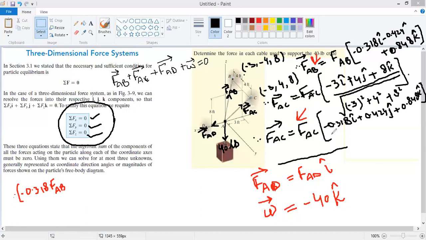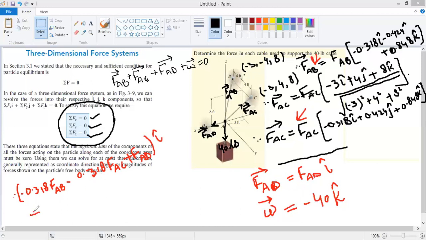Then we have minus 0.318 FAC. This is our second component. And the third component along i is plus FAD. All these components are along the x-axis, so we'll write them as i cap. These are the i components we have written first.